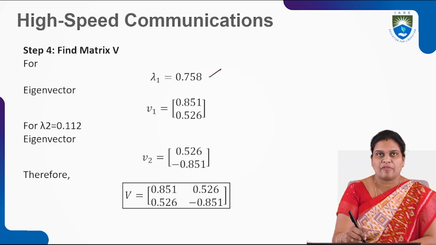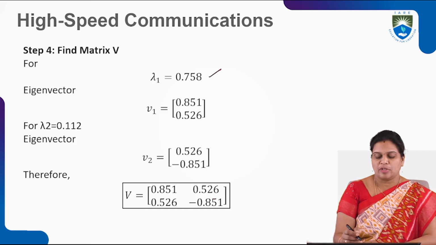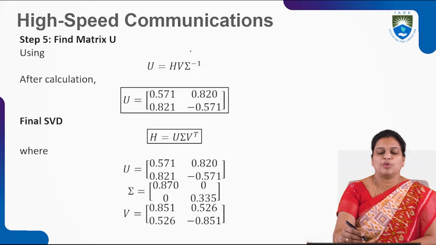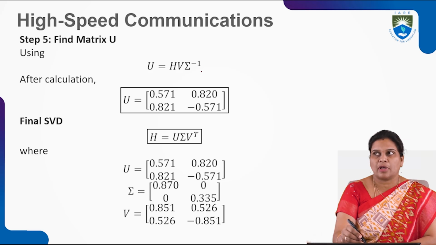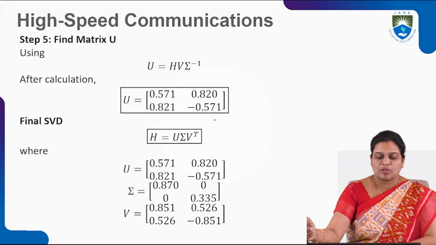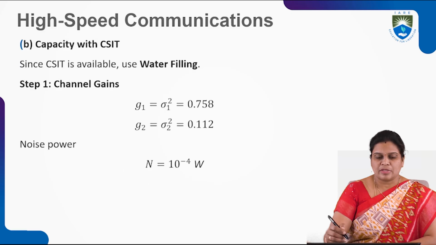So taking the V values, V1 and V2, 0.52 and 0.851. Next, finding the matrix U equal to H, diagonal of the lambda minus 1. After calculation, 0.57 and this one, now we get the row vectors H equal to U epsilon V transpose. So the U values are this one, the diagonal values, and then we get the V values.